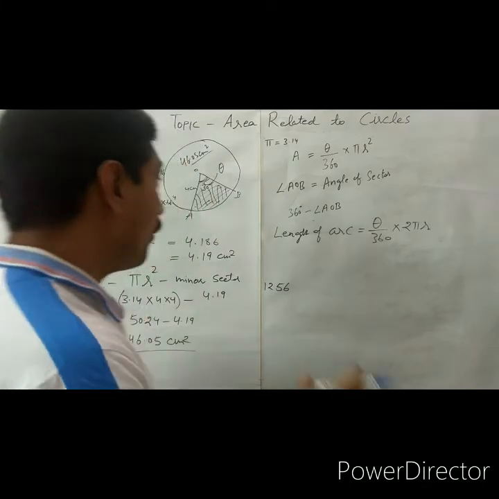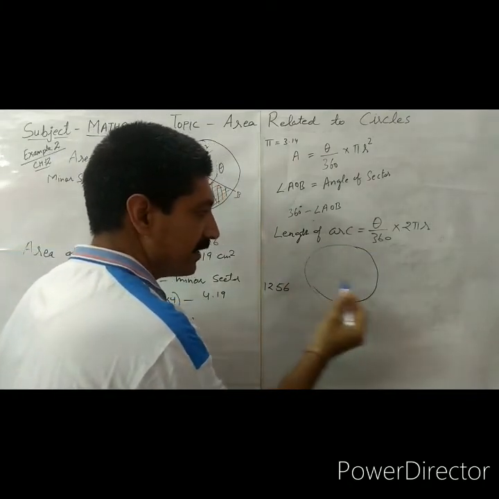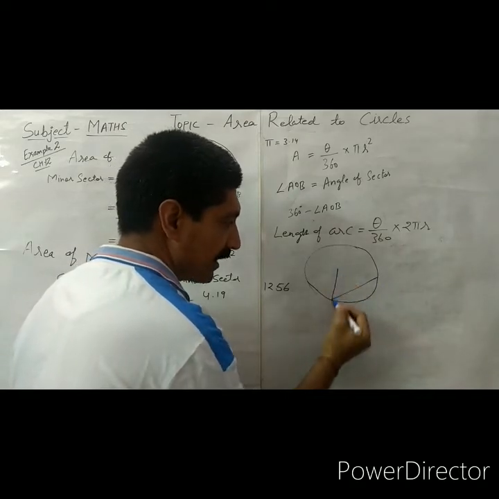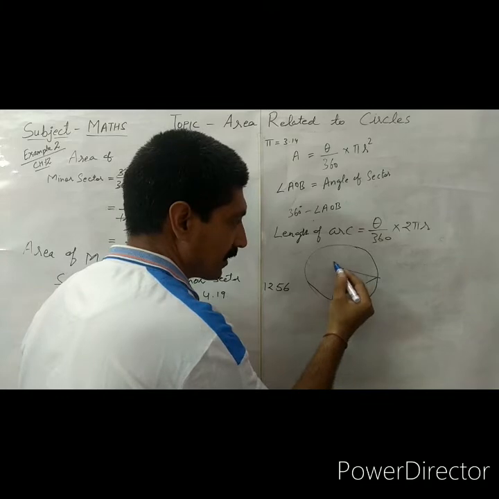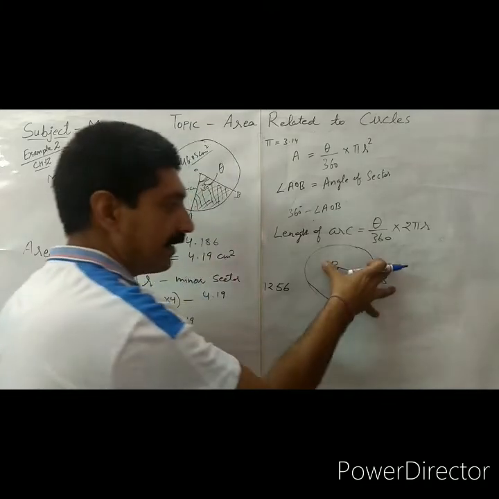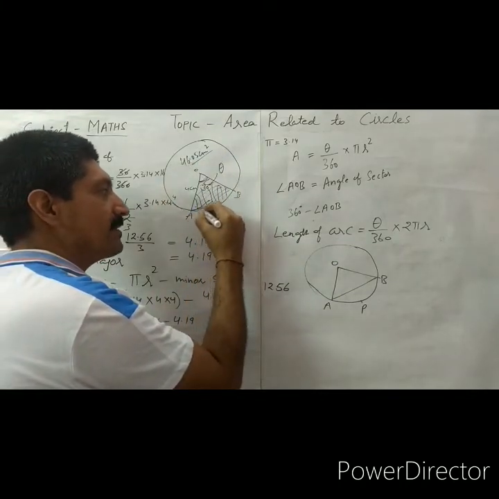And we have studied the area of the segment. We have to find first the area of this sector OAPB, and let's join AB. Let AB be the chord here.